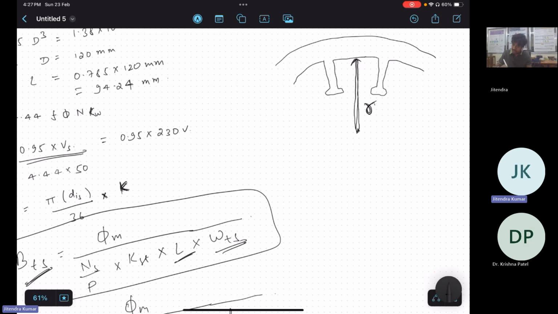If we take the entire circumference, how much will it be?